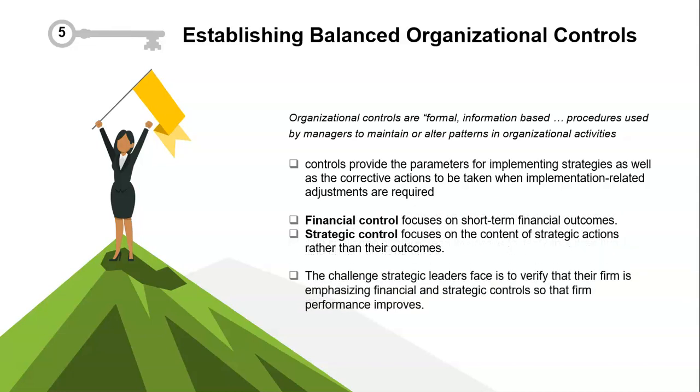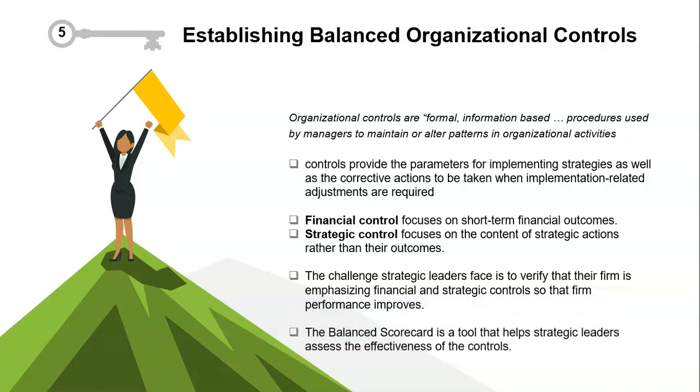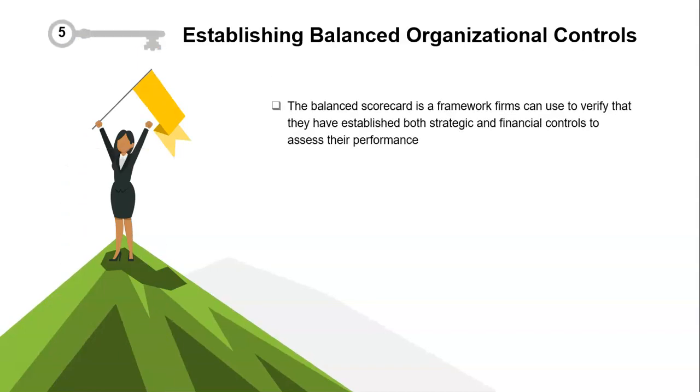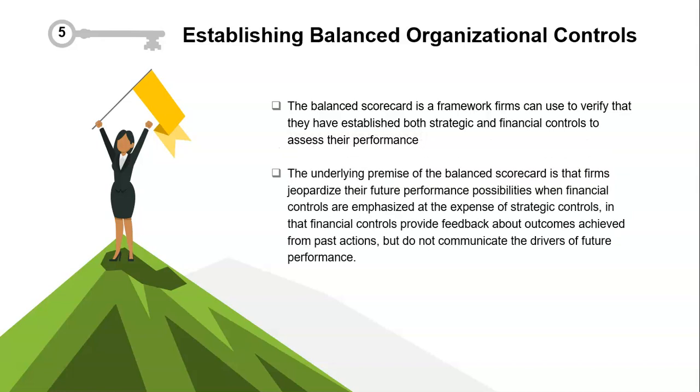The challenge of strategic leaders is to verify that their firm is emphasizing financial and strategic controls so that firm performance improves. The Balanced Scorecard now is a tool that helps strategic leaders assess the effectiveness of the controls. The Balanced Scorecard is a framework firms can use to verify that they have established both strategic and financial controls to assess their performance.